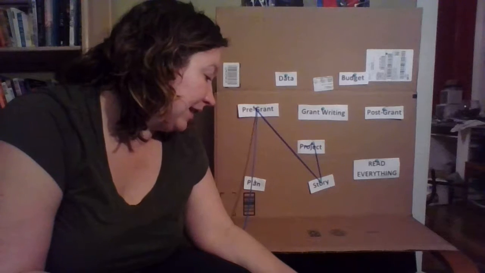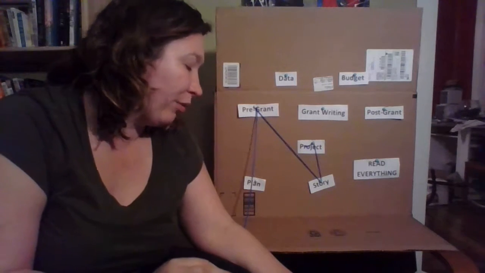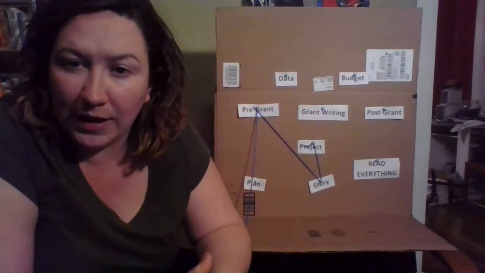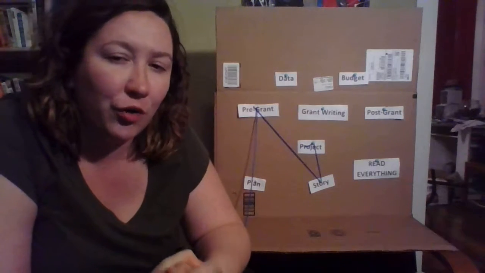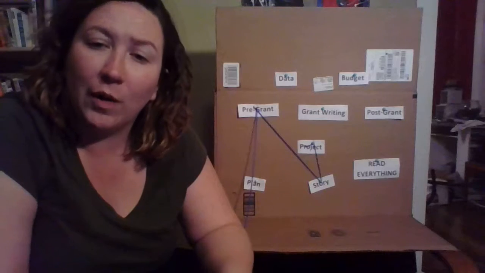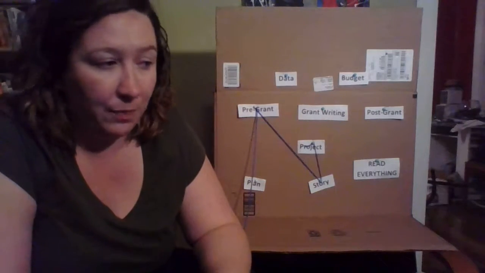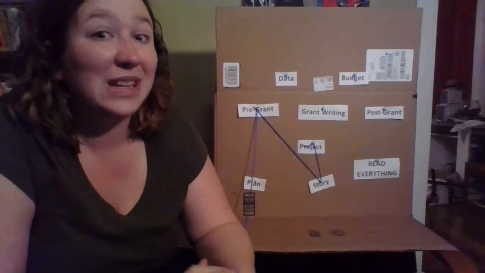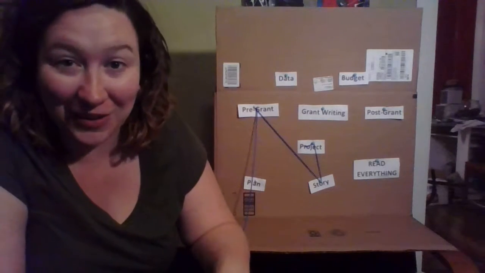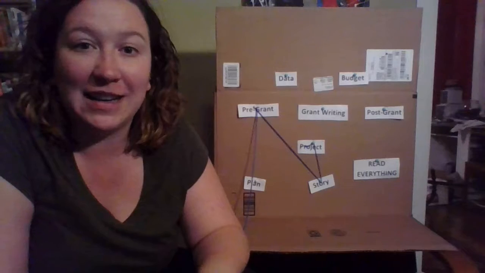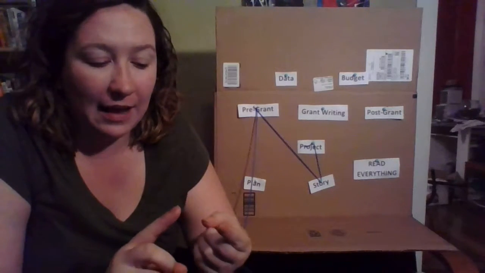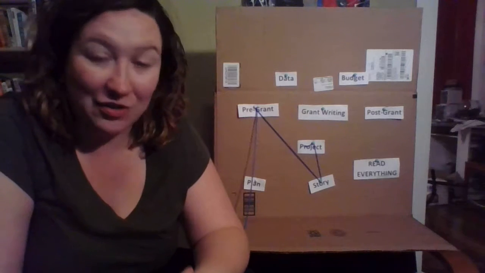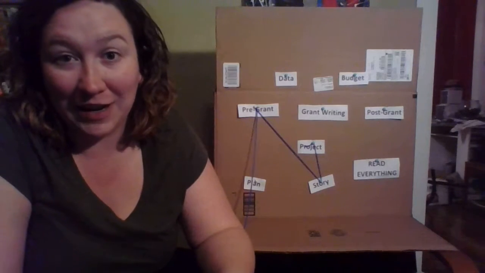Part of that pre-grant process is really thinking about what your project intends to do. So one of the big ways would be budget. Make sure your grant fits the project. So if you are looking to open a community garden, you don't need a $200,000 grant. So make sure you're finding a grant that works for you as far as budget goes, as far as timeline goes. Don't think you're going to be able to pump out a grant in a week.